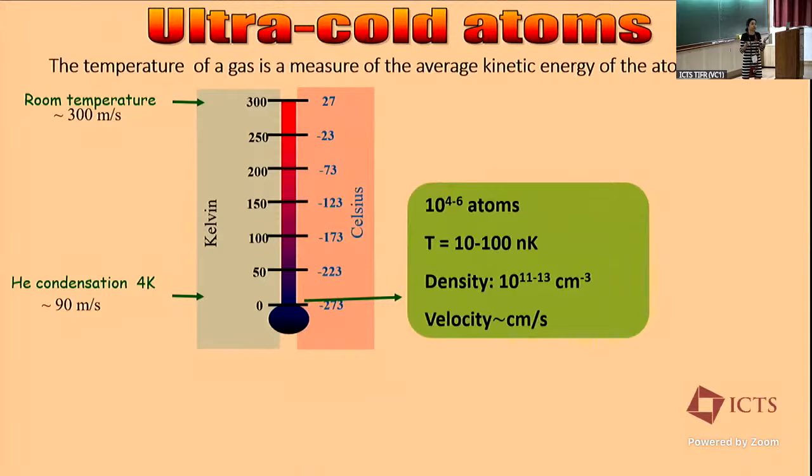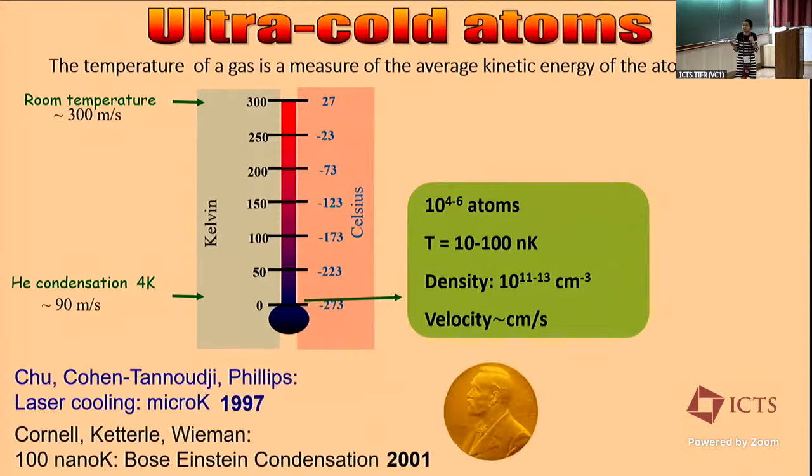And we are using these systems to control them and explore many aspects of physics. This reflects the work of many scientists in the field. For example, cooling down the atoms using lasers, called laser cooling, was recognized by the Nobel Prize in 1997: Steve Chu, Bill Phillips at Maryland, and Tanuji.